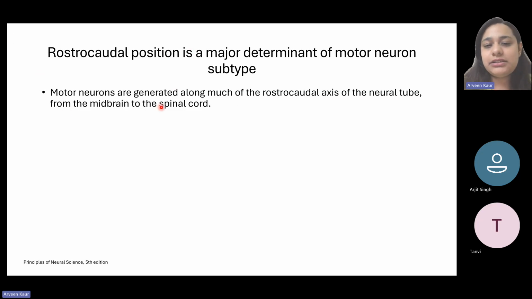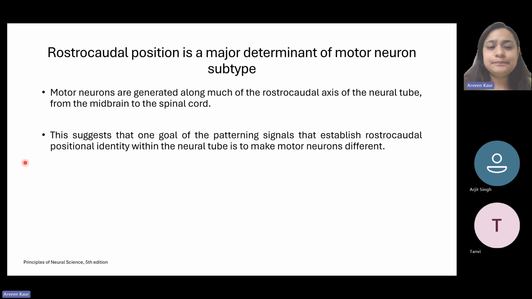So motor neurons are generated along much of the rostrocaudal axis of the neural tube from the midbrain to the spinal cord, right? So we have a plethora of these motor neurons in the ventral side of this rostrocaudal axis, right?